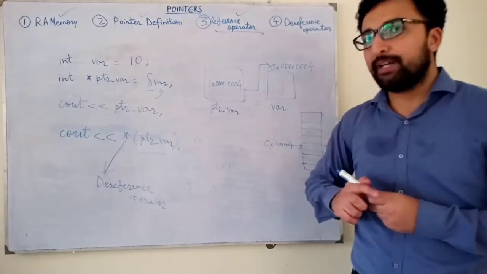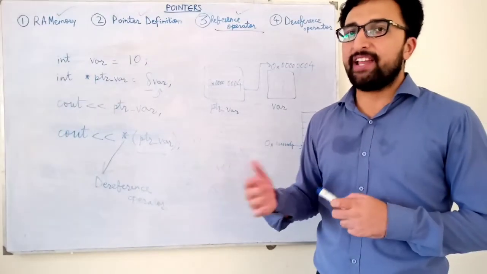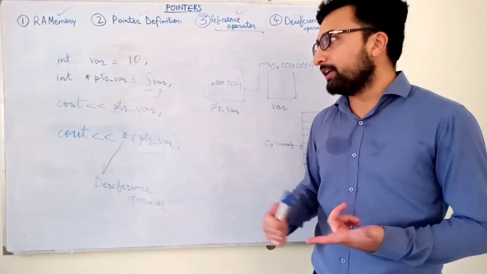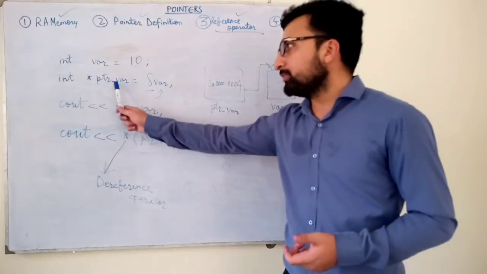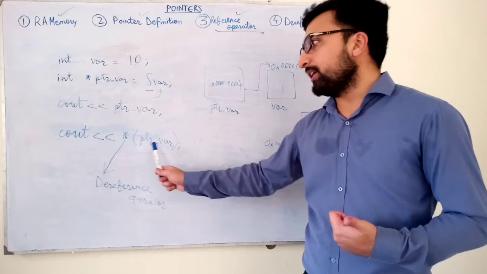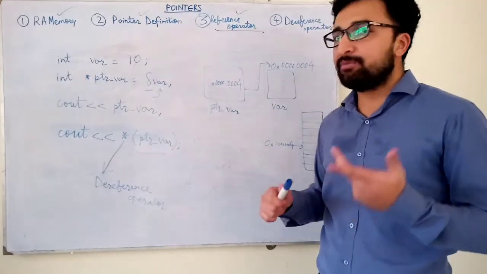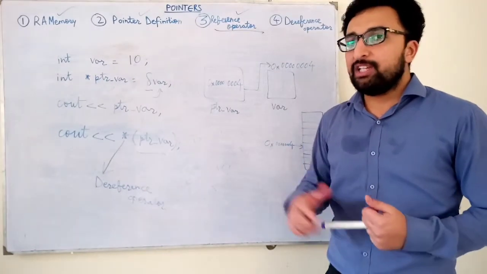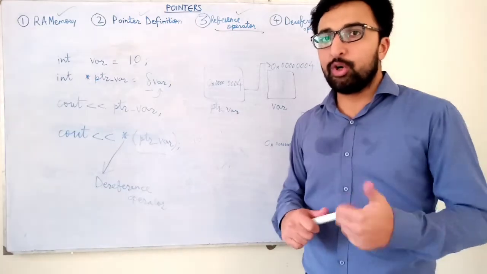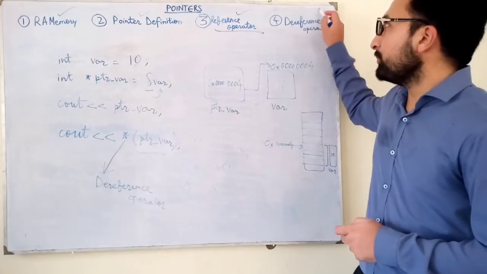So the dereference operator can be used to access as well as to manipulate the value at the address that is being pointed to by a pointer variable. The pointer variable was holding a certain address, and when we use the dereference operator with that pointer variable, it can access as well as manipulate the value that is stored at that particular address. So that is the dereference operator.